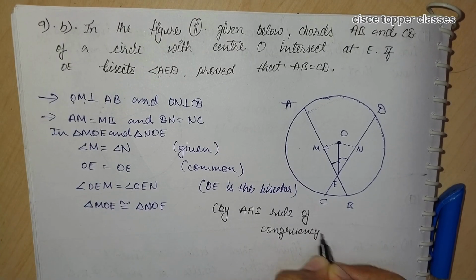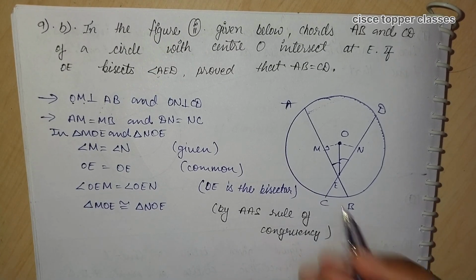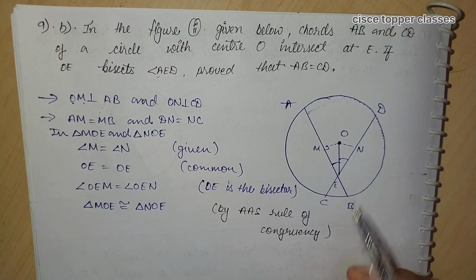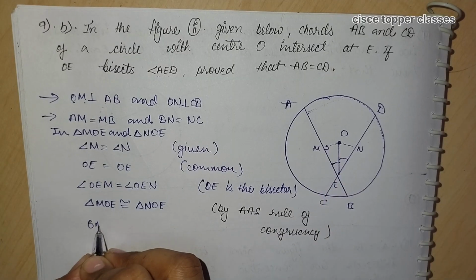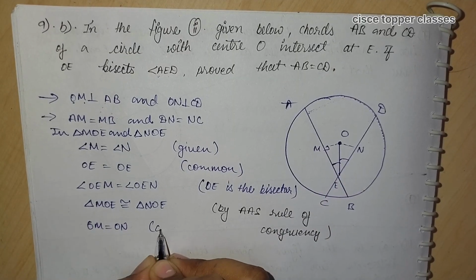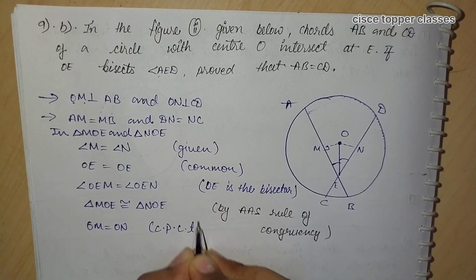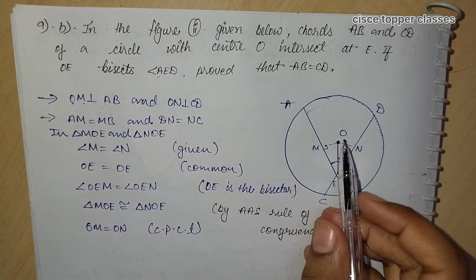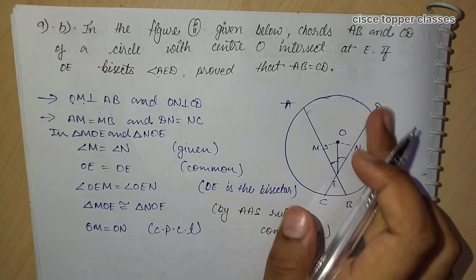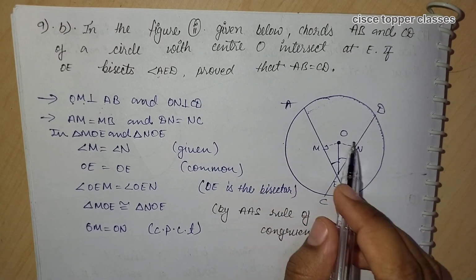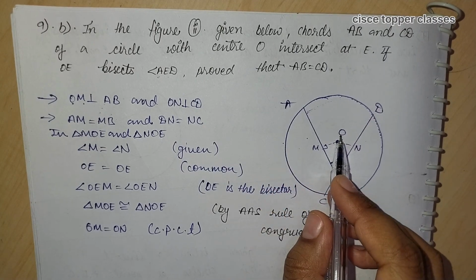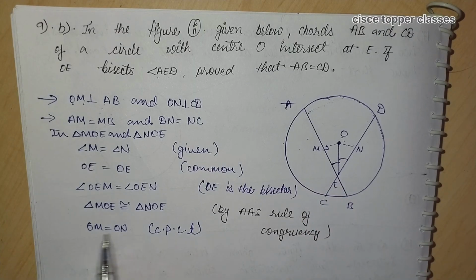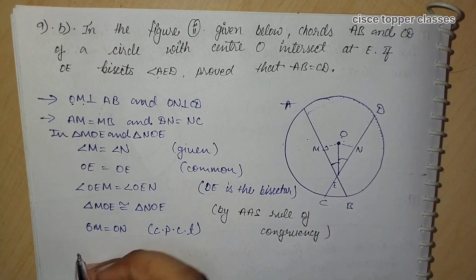And as we have proved this, we can simply prove that AB is equal to CD, as we have OM equal to ON by CPCT. And as we know by the theorem, theorem 2 sorry, if the distances of the chords from the center of the circle are equal, then the chords are also equal.